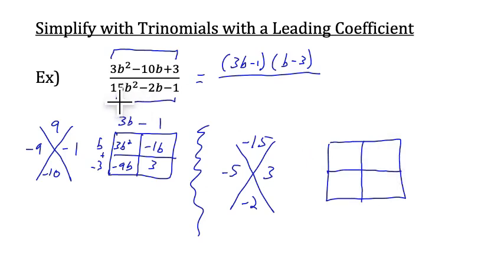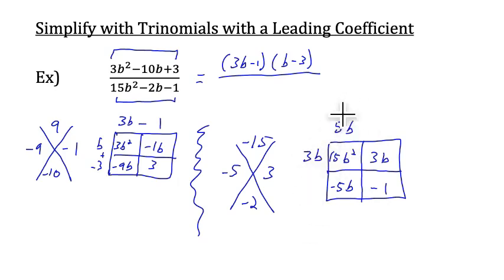All right, 15b squared goes in the top left corner. Negative 1 goes in the bottom right corner. These wing numbers go in the empty boxes, negative 5b and 3b. All right, we need to have two terms that multiply to make 15b squared. Well, it's looking like it's going to be 5b times 3b.